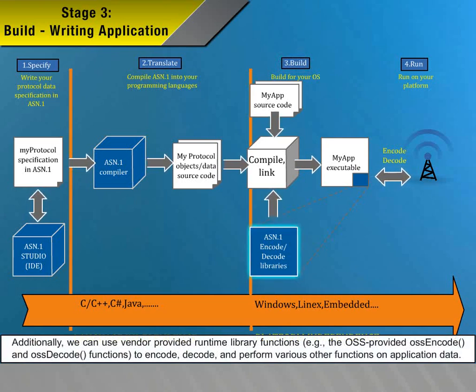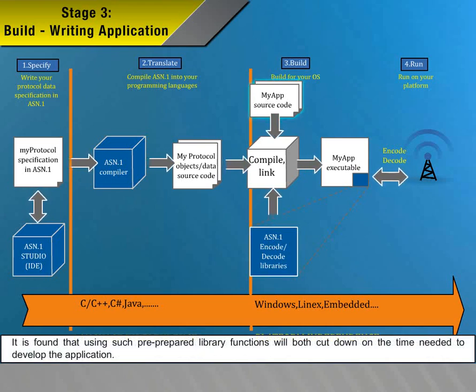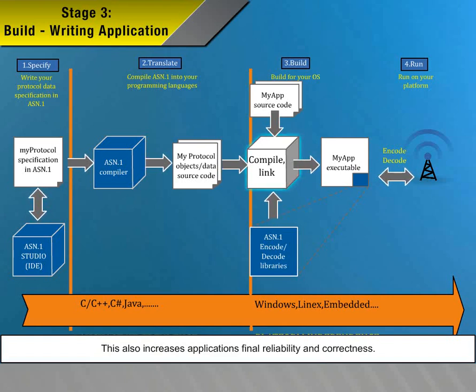Additionally, we can use vendor-provided runtime library functions, for example, the OSS-provided OSS encode and OSS decode functions, to encode, decode, and perform various other functions on application data. It is found that using such pre-prepared library functions will both cut down on the time needed to develop the application. This also increases the application's final reliability and correctness.